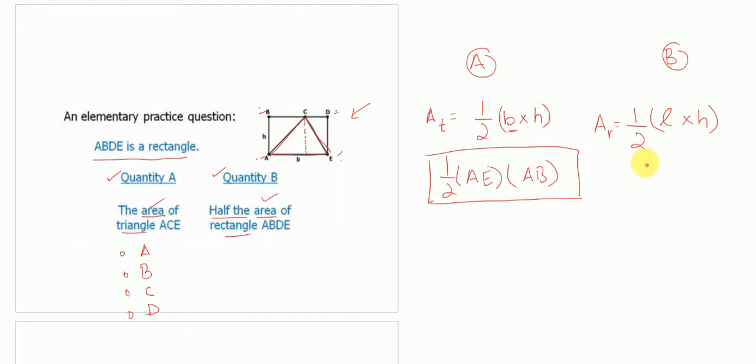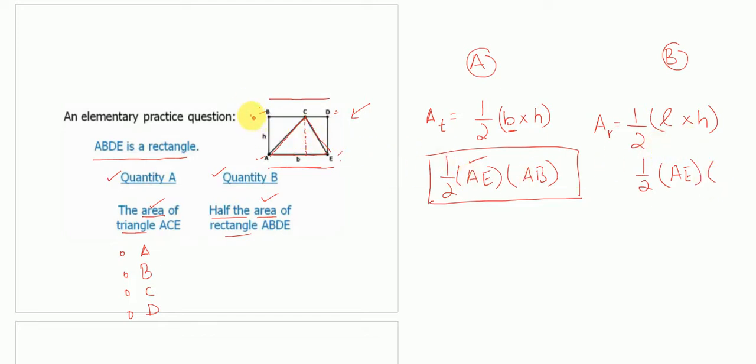Under column B, we have half of the length. So what is the length of this rectangle? These two sides are the lengths of the rectangle, AE or BD, we have a choice. Since we have AE on this side, I'll also use AE over here because this would help us in cancelling these values out. Similarly, what's the height of this rectangle?